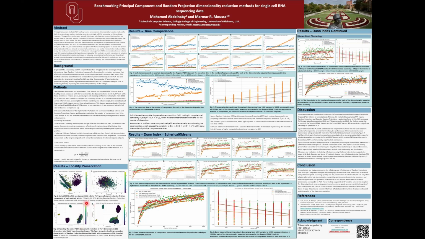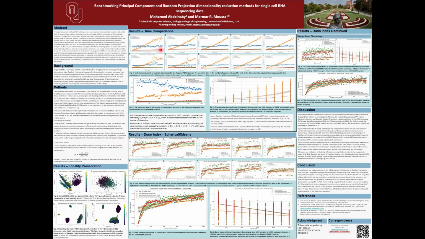So here we used PCA with 500 components. Also Gaussian random projection with 500 components, and then we further projected these 500 components to 2 dimensions using UMAP, and we got this nice plot here, in which you can distinguish the clustering. So that's in terms of locality preservation.